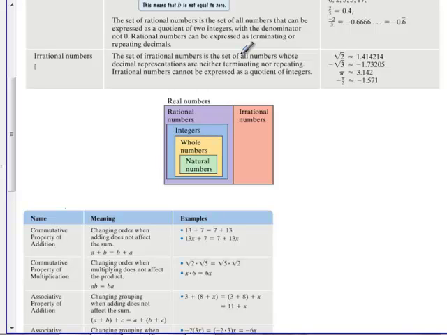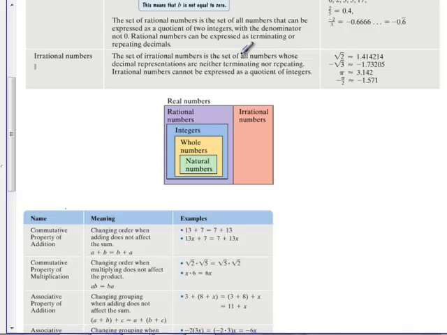Rational numbers are all the integers, the positive and negative whole numbers, plus all those numbers in between that can be written as a decimal. The irrational numbers are outside of the rational numbers, but they're still all real numbers because they don't have an imaginary part.